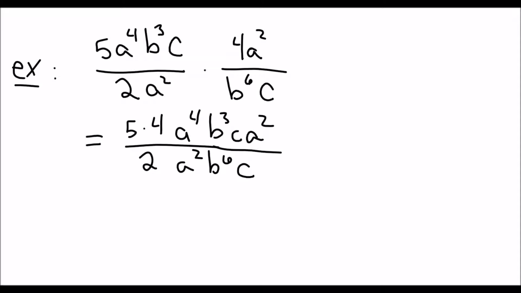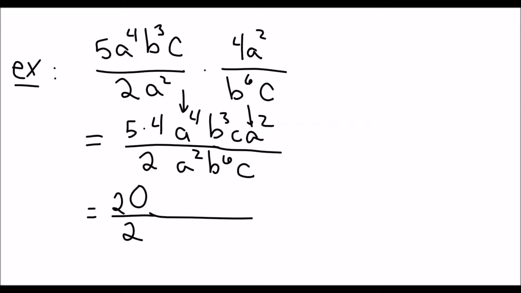Now I want to multiply all the numbers together to make it as few numbers as possible, and then combine the different letters, at least in the same part of the fraction, so it's easier to simplify. 5 times 4 is 20, and all we have on the bottom is 2. Then we have an a to the 4th and an a squared.